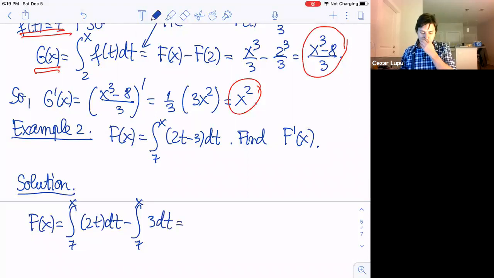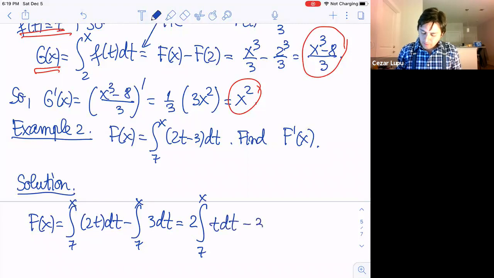And this would be equal to, oh, sorry about that. So let's take the 2 outside. So this would be 2 times the integral from 7 to x of t dt minus 3 times the integral from 7 to x of dt.